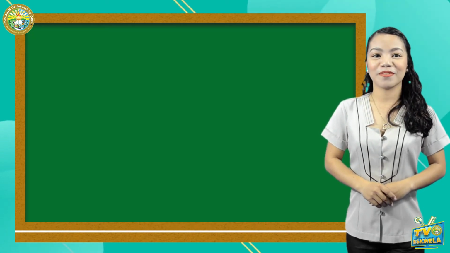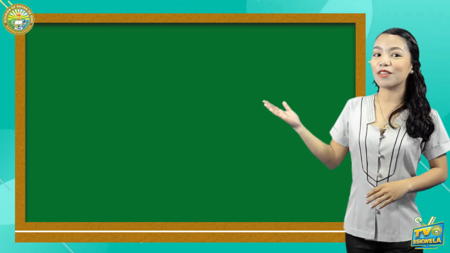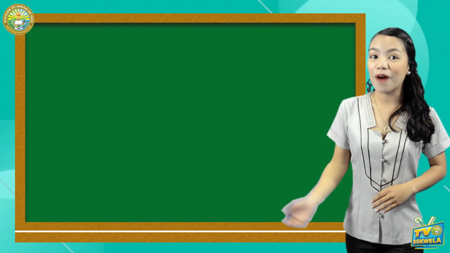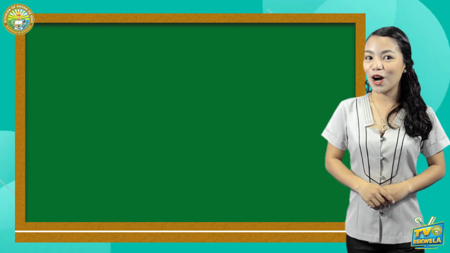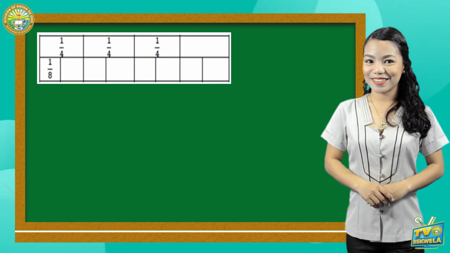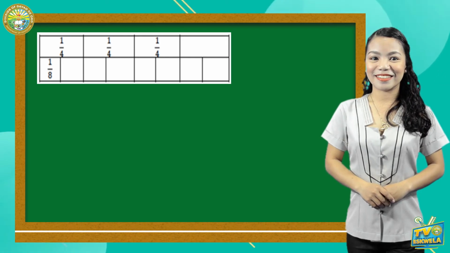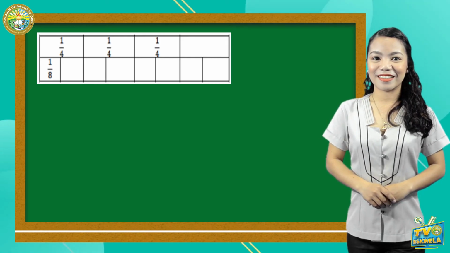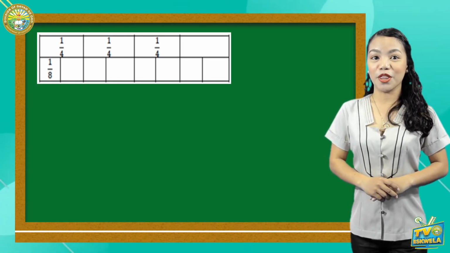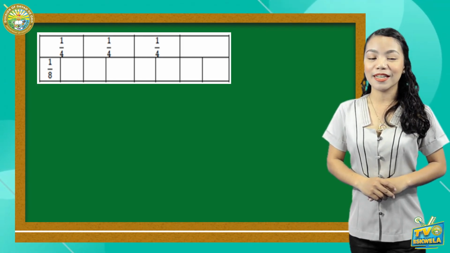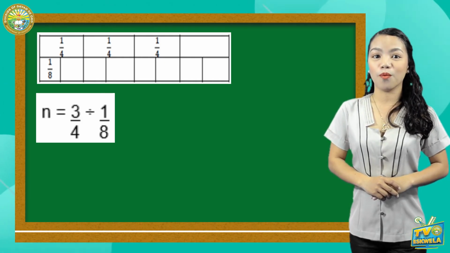Example 2. I will give you 10 seconds to look at the visual model and find out its division problem. Time starts now. The division problem on the given visual model is n equals 3/4 divided by 1/8.